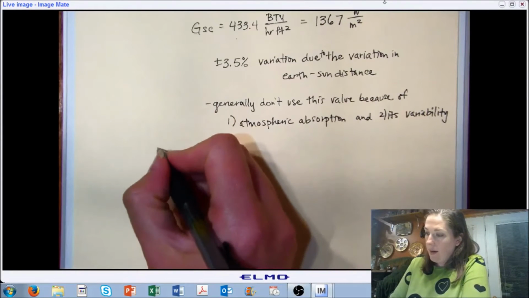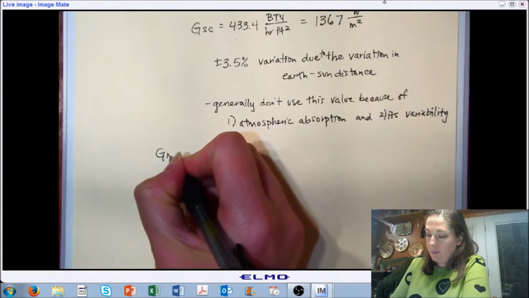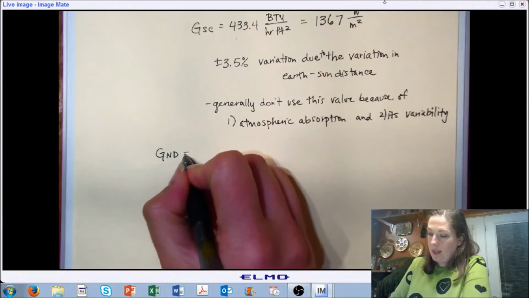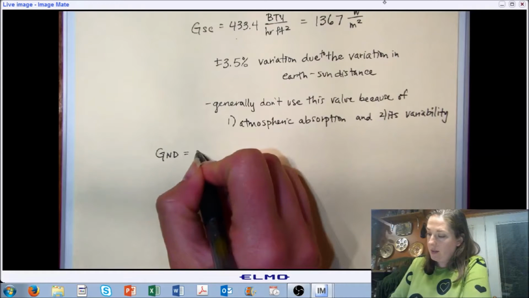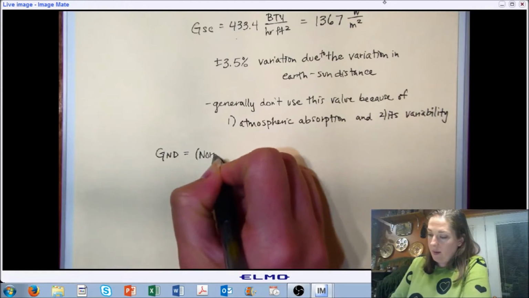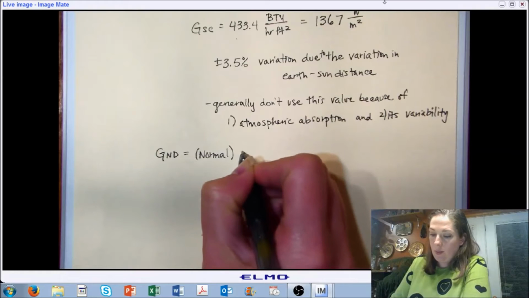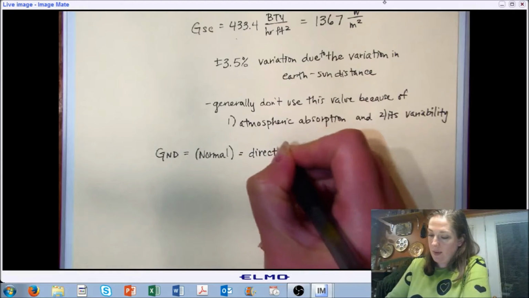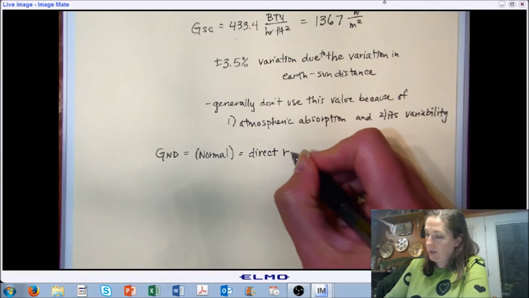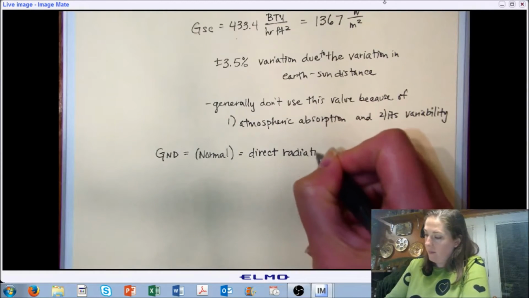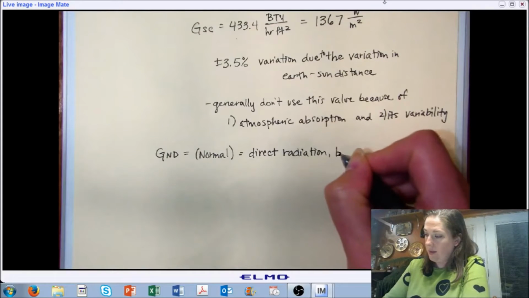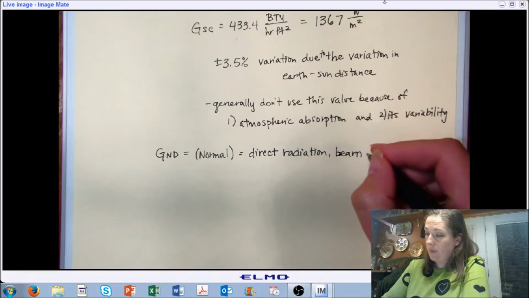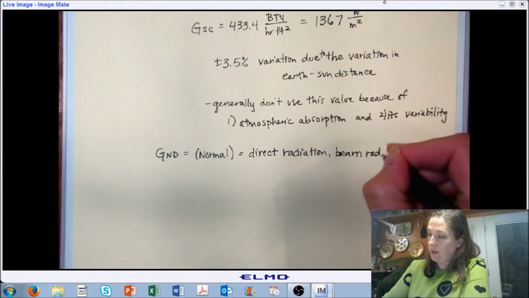So we have some more variables that we're going to take a look at. Capital G sub ND, we can call this normal. You might see it called normal, or direct radiation, or direct normal radiation, or beam irradiation. So there's a number of different variable names we might hear that are all referring to the same thing.